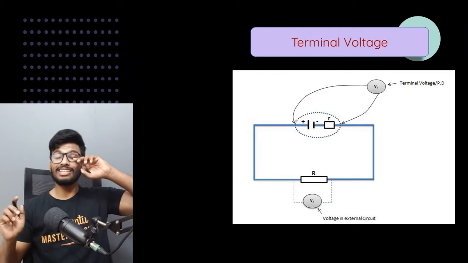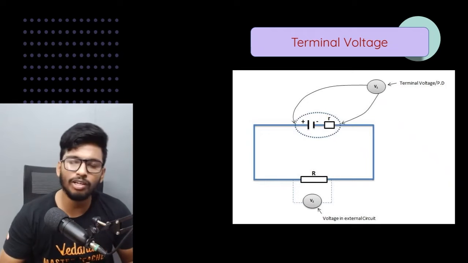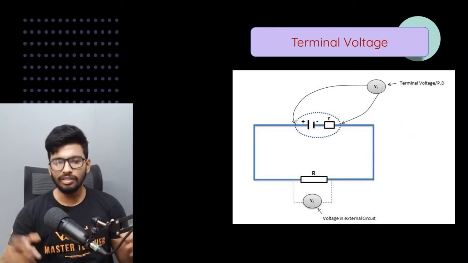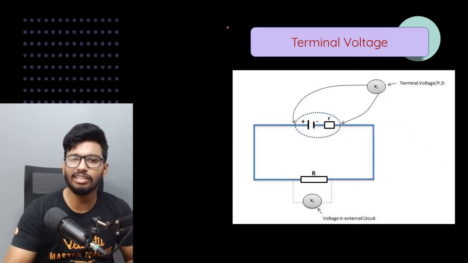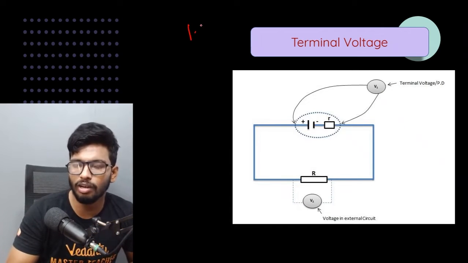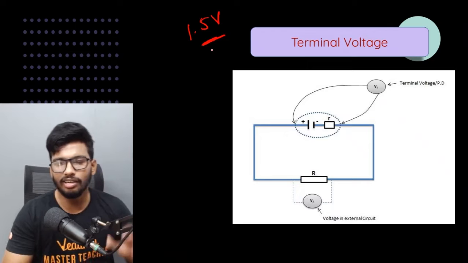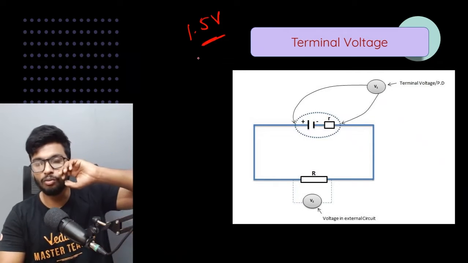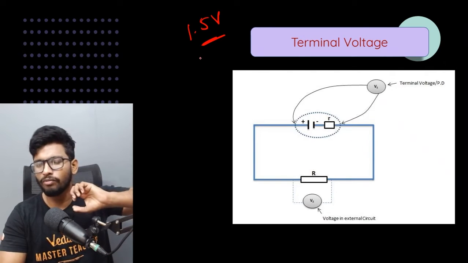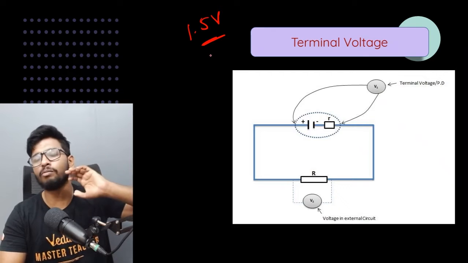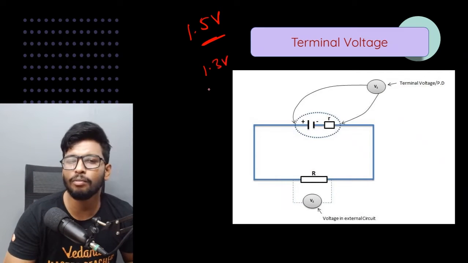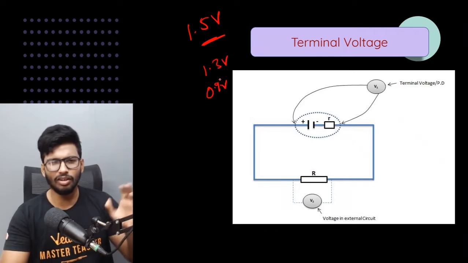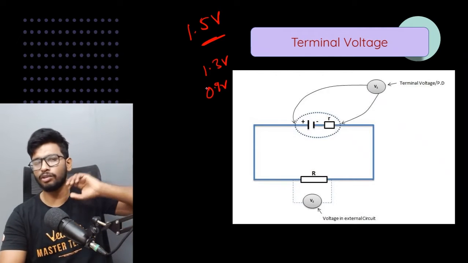The next topic, guys, is terminal voltage. What is terminal voltage? Like I told you before, if the company is promising you that the voltage provided by the battery is 1.5 volts, you will not actually get 1.5 volts. You might be getting around 1.3 volts, or maybe 0.9 volts, somewhere between 0.9 and 1.3 volts.